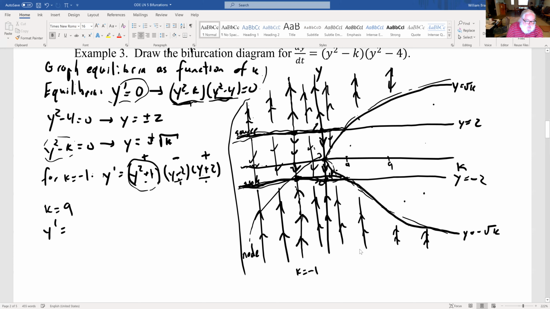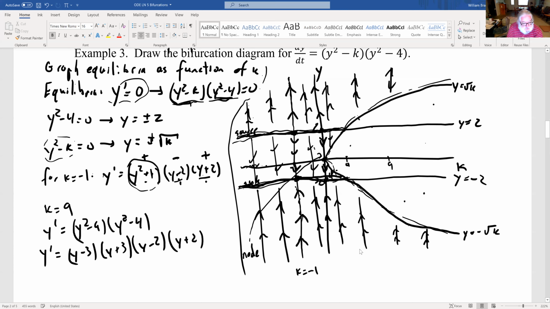y prime is now equal to (y squared minus 9) times (y squared minus 4). y prime equals (y minus 3)(y plus 3)(y minus 2)(y plus 2). And if you remember how to do sign charts from algebra, this is one way to figure out what the signs are.